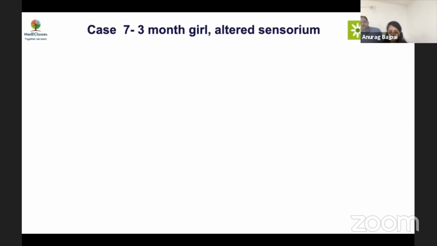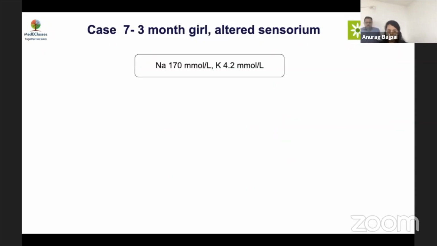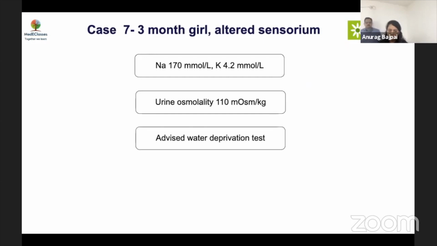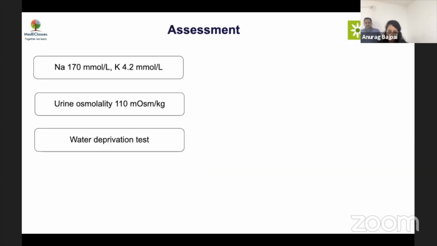Next case is a 3-month-old girl presented with hypernatremia. Sodium level is 170, potassium is normal, urine osmolality is 110, and she was advised a water deprivation test. So, Dr. Sajili, do you think a water deprivation test should be advised in this girl? A water deprivation test should not be done in this child, as the child is already having altered sensorium.